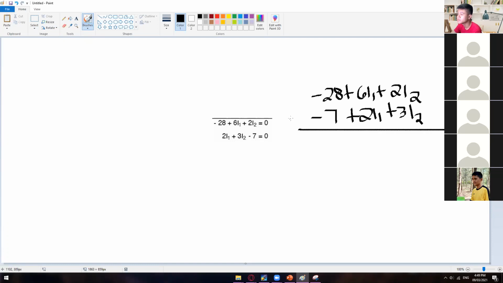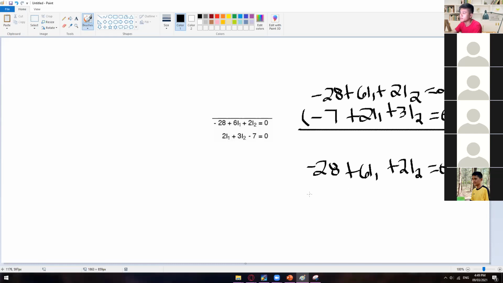All right. And then from here, we can actually multiply the second equation by 3, sorry. Okay. So our aim is to be able to get 6i sub 1. So from here, we'll have negative 28 plus 6i sub 1 plus 2i sub 2 equals 0.